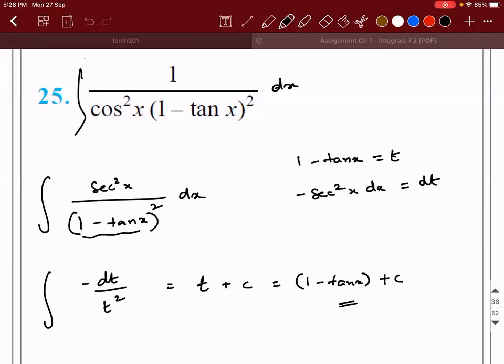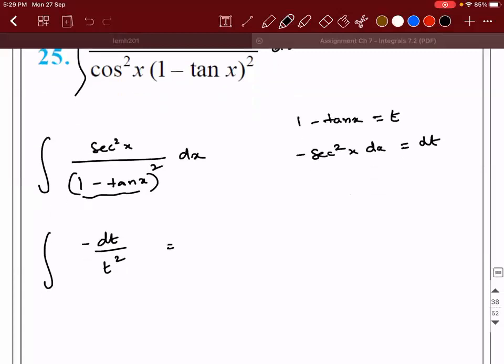Sir, could you explain how we got t, sir? Oh, I made a mistake. Sorry. It's not t. That is what I was wondering, because if I differentiate 1 minus tan x, I am not getting back the question. So minus of integral of t power minus 2 dt.